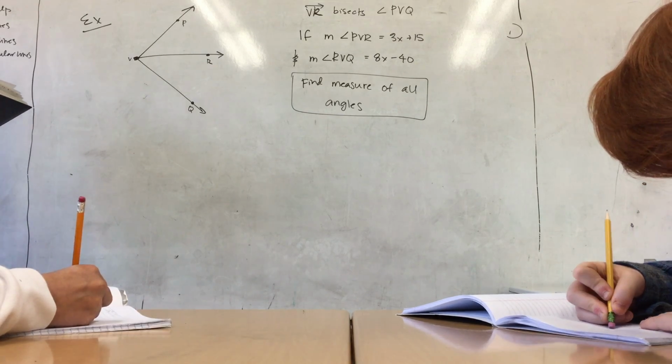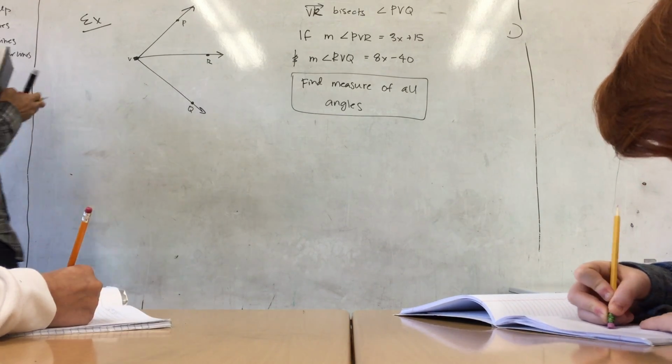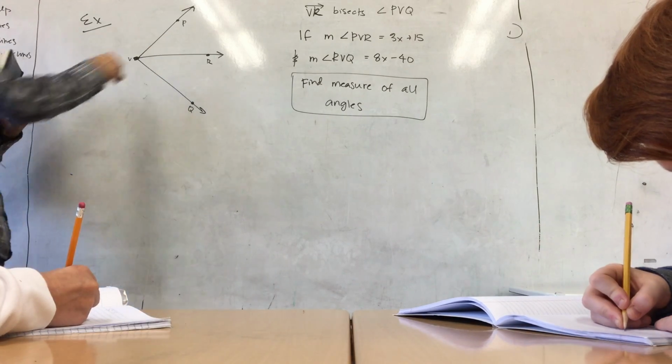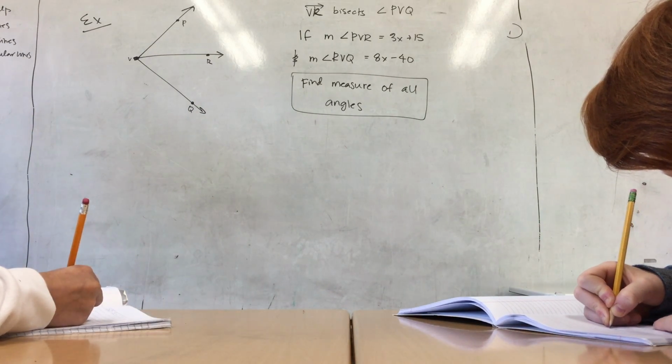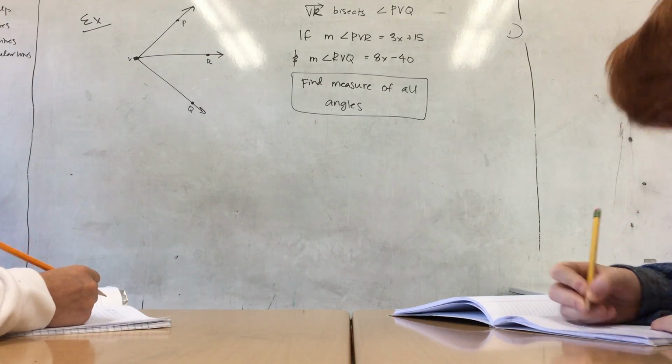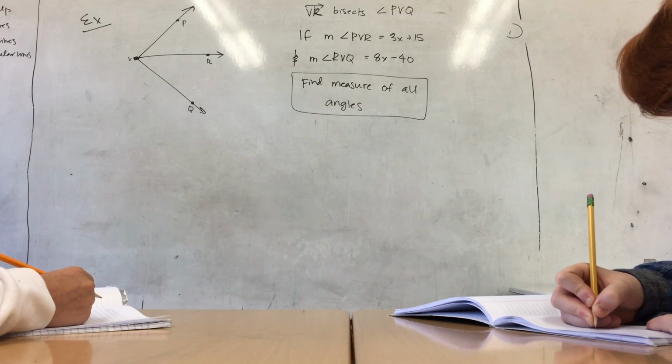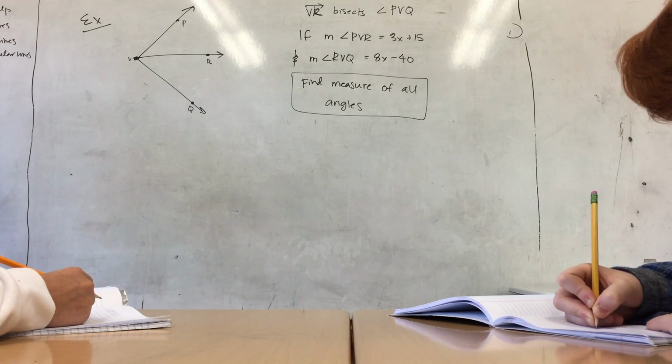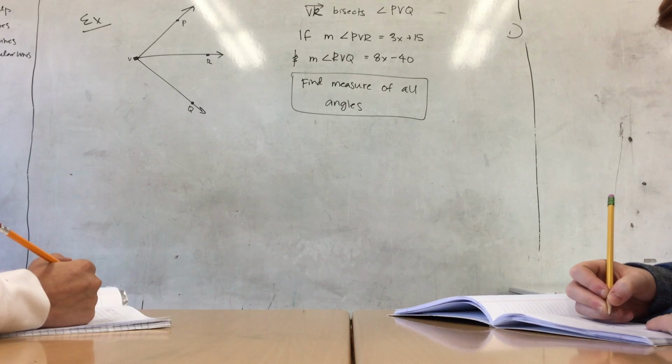All the angles added up or just each angle? Each angle. So how many angles are in this picture? 3. Pretty sure? Yep. You're positive? Think so. Okay, tell me what they are.